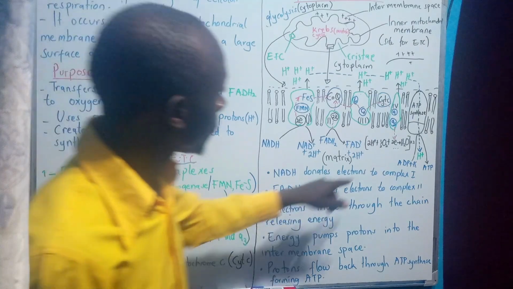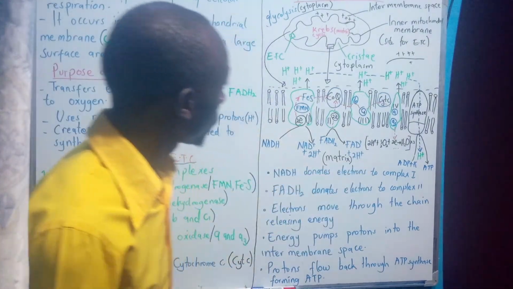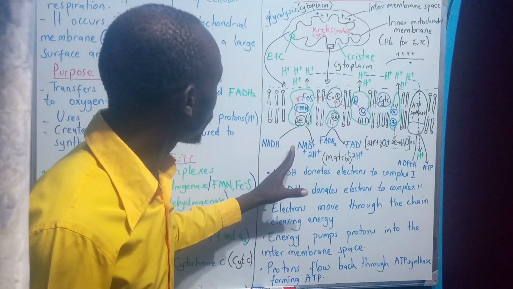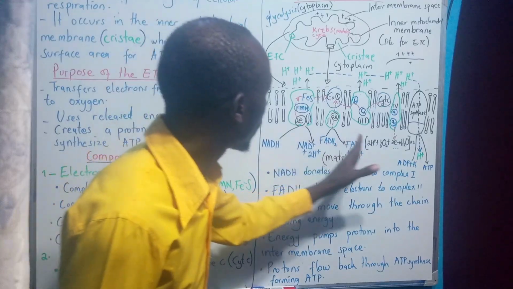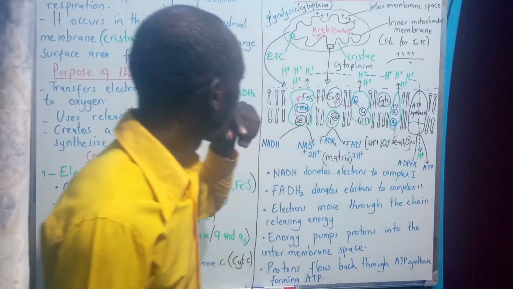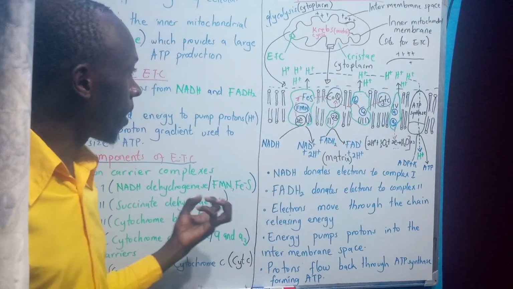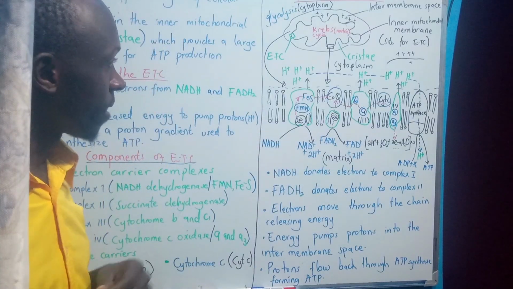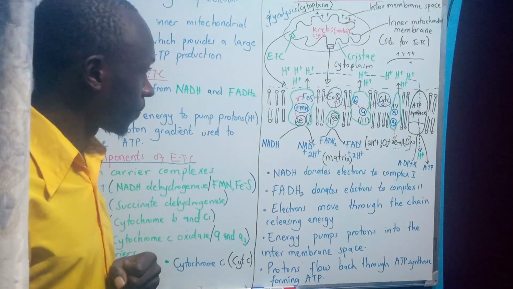But what is the source of the two hydrogen ions at this stage? Remember, we said we have proton pumps inside complex number 1, number 3, and number 4. They use energy created by the movement of electrons.